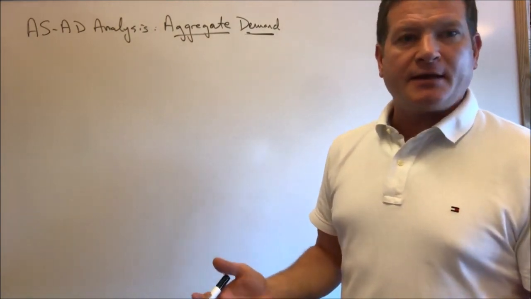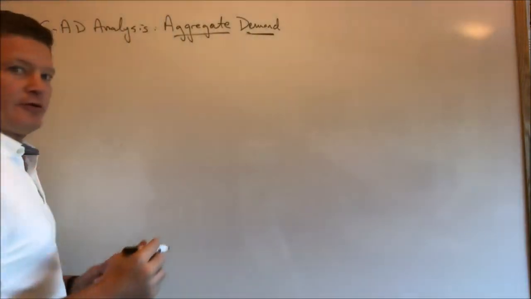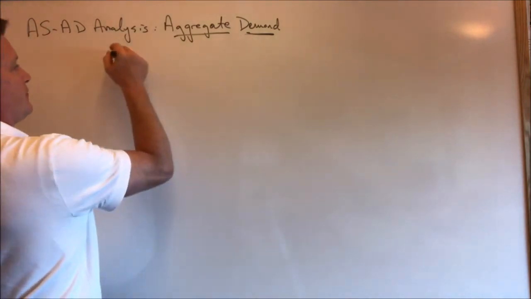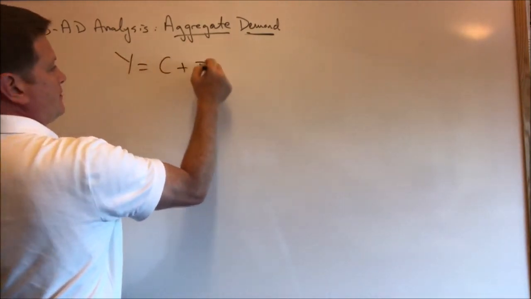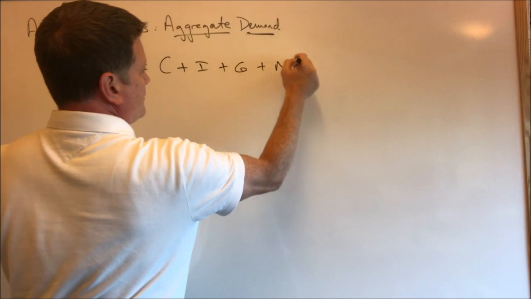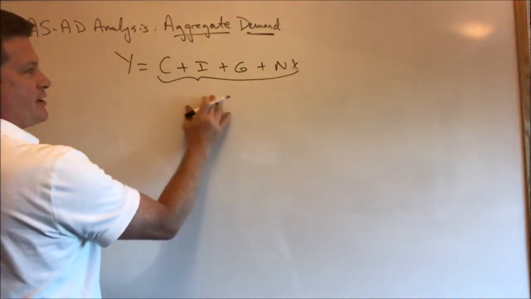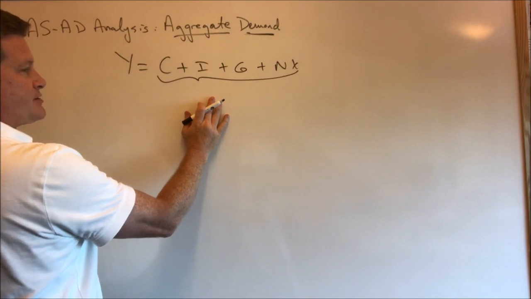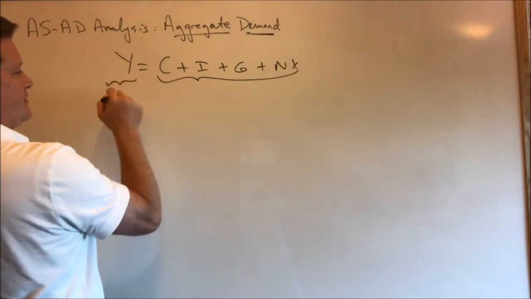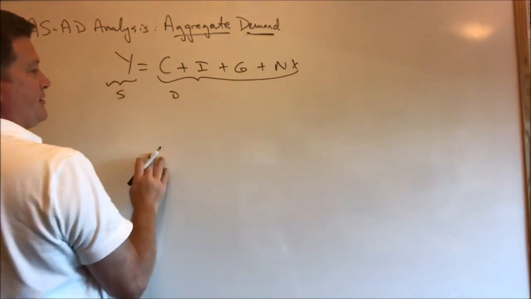What does that really mean? In practical terms, it means really the right-hand side of what we call the national income identity. The national income identity is sort of like supply and demand anyway.